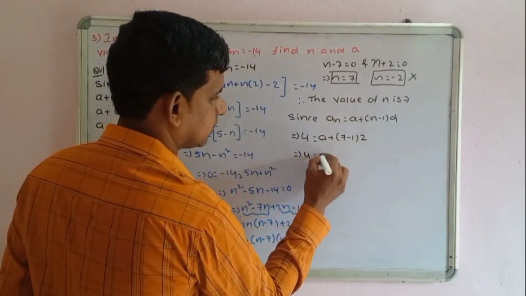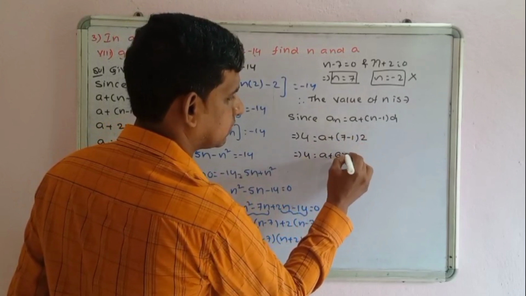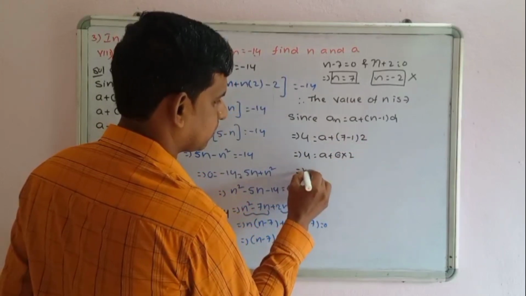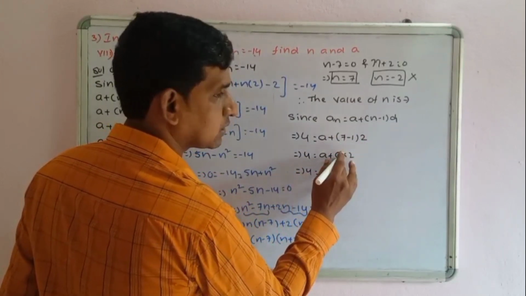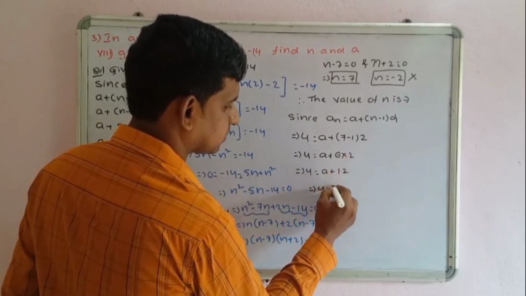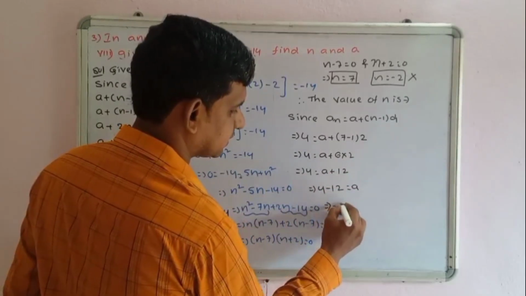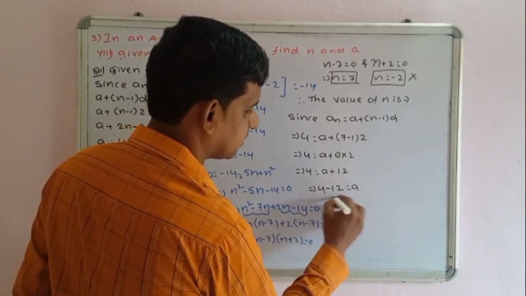So 4 equals a plus 7 minus 1 is 6, 6 into 2, so 4 equals a plus 12. Transposing 12 to the left side, minus 12, 4 minus 12 equals a. 4 minus 12 is minus 8. Therefore the a value is minus 8.